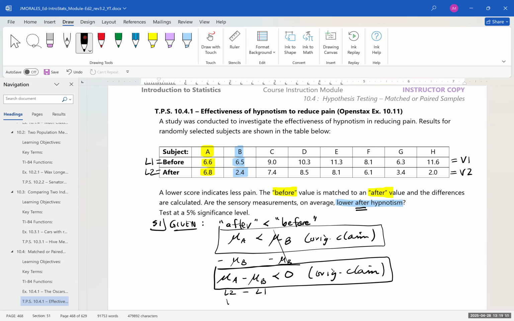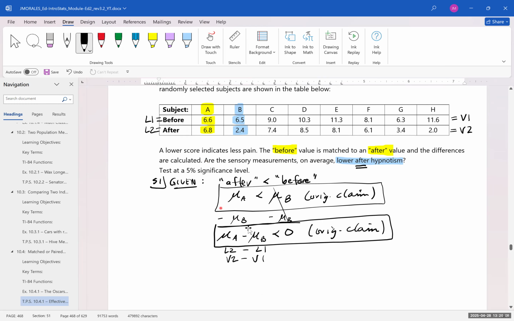So we want to make sure that we do V2 minus V1 when it comes time to do that. Usually, I have the first random variable being subtracted by the second. But here we'll just pay attention to the order that we subtract and we should be okay. All right. So when we do this subtraction, then we're going to get a mean of these differences that we would expect to be less than 0.